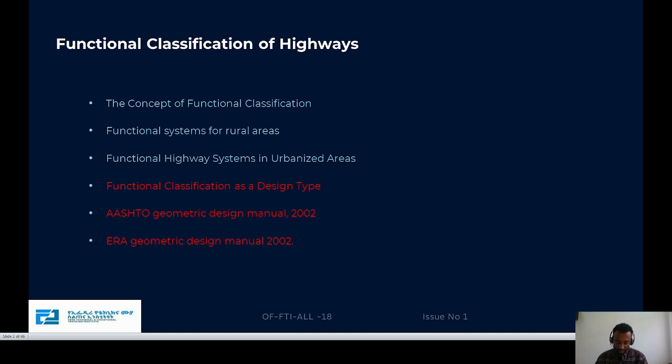Lastly, we have local roads. So the AASHTO manual is divided into four main parts. The ERA geometric design manual also divides the roads: the first is trunk road, link road, access road, collector, and feeders. The roads are divided into five major groups.